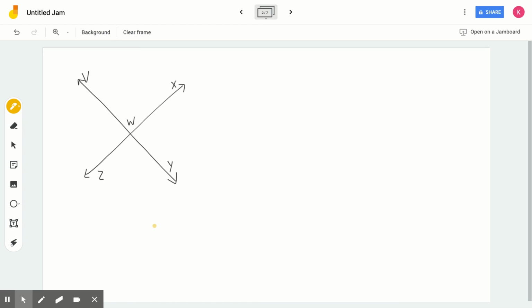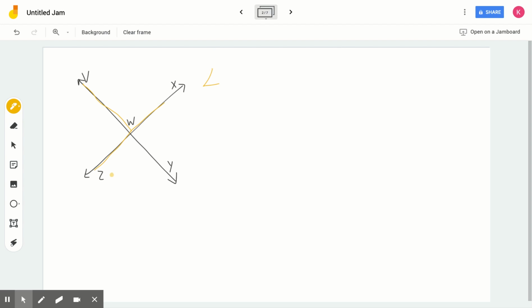Now if we look at the problems here, it says name two pairs of adjacent angles and two pairs of vertical angles in the figure below. There are a lot of different options that we could have. But if we're going to look at the second figure, for instance, we need a common side for two pairs of adjacent angles.